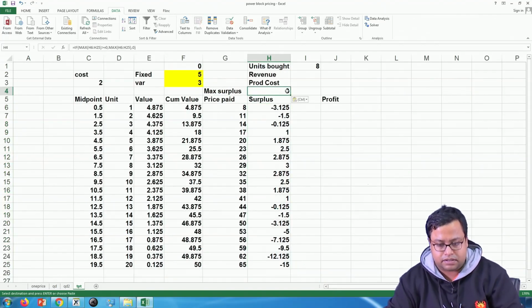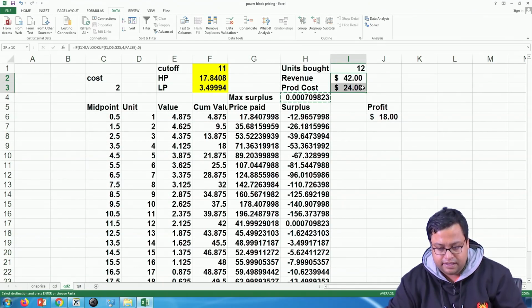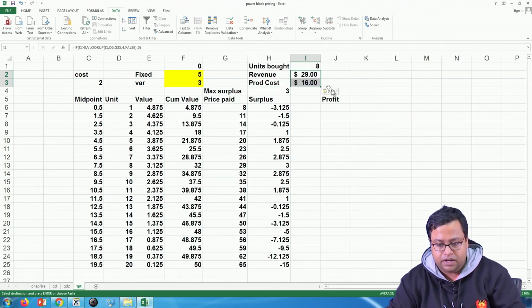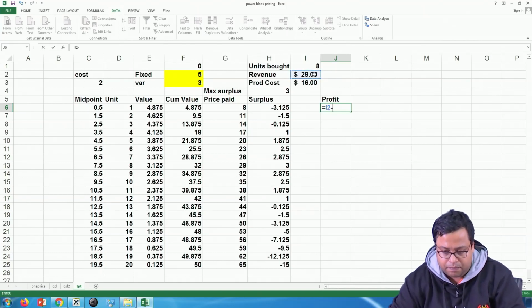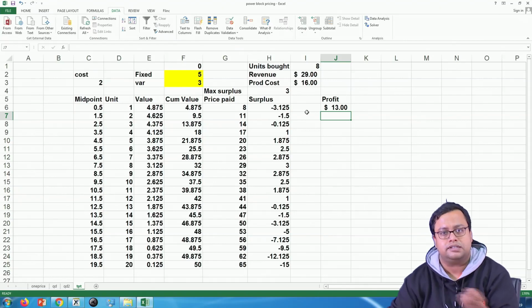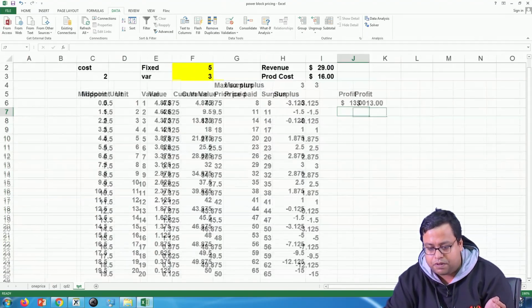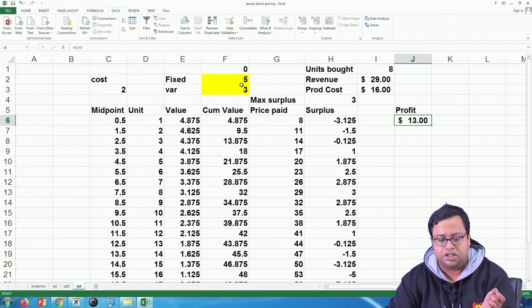That is your maximum surplus, and this I will also copy and paste, and that is the revenue and the production cost. The profit is nothing but the revenue minus the production cost. So, it is $13. Now, the same thing that we have done previously, I will try to optimize this $13, actually maximize this $13 by changing this 5.